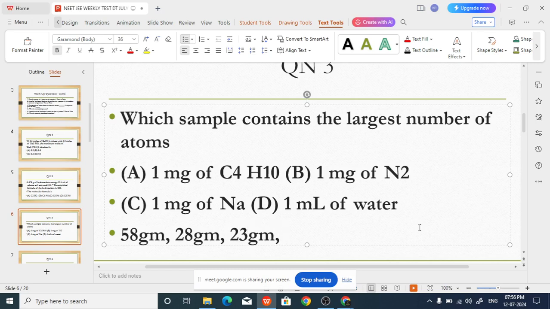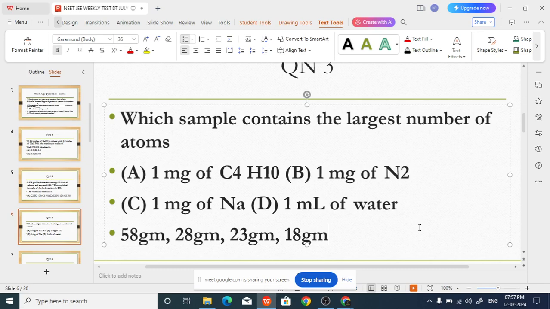1 ml of water. What is the molecular weight of water? 16 plus 2, 18. So 18 gram of water. All these will contain 6.023 into 10 power 23 atoms. So they are asking 1 mg, 1 mg, 1 mg. 1 ml of water is equal to 1 mg. So which sample contains the largest number of atoms?